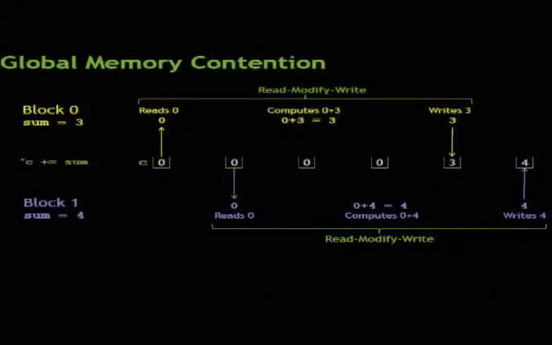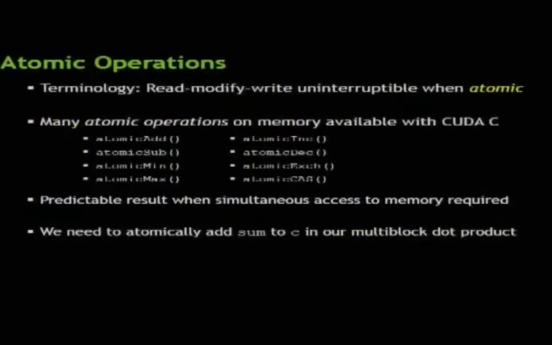Now, CUDA has these atomics. Again, they're a pretty rich set. You can do things like compare and swap and exchange, increment and decrement, addition, min and max. Those are all common. You see those in MPI and other programming models as well. But it gives you that predictable result when you access memory.